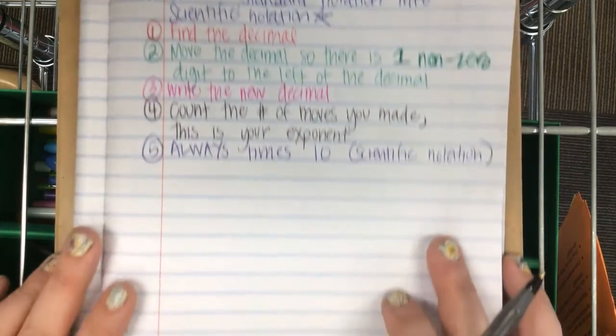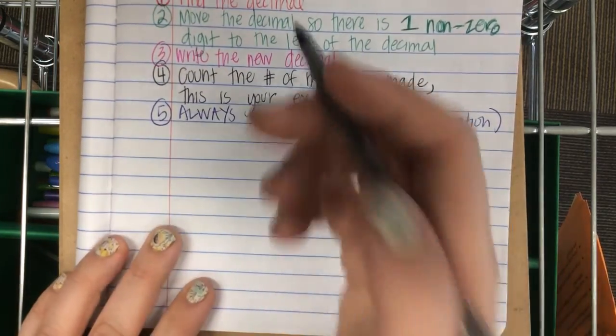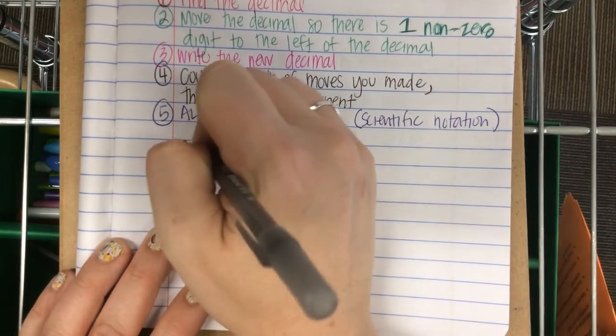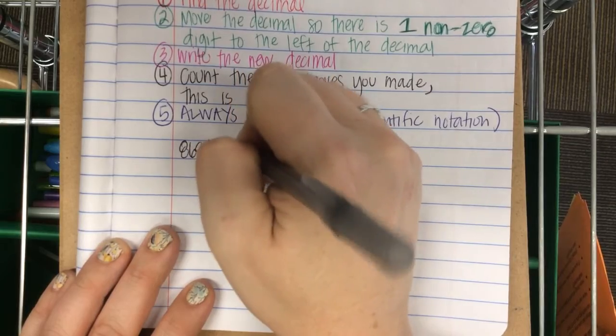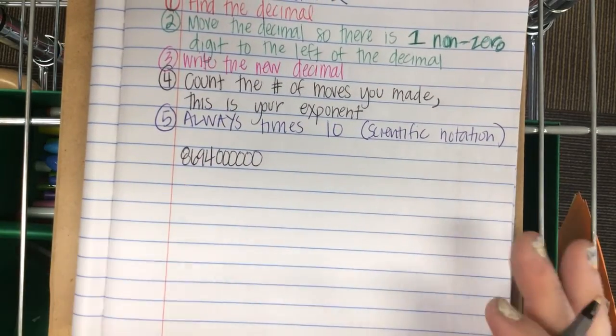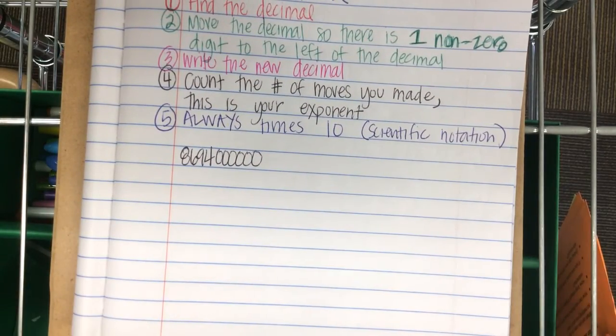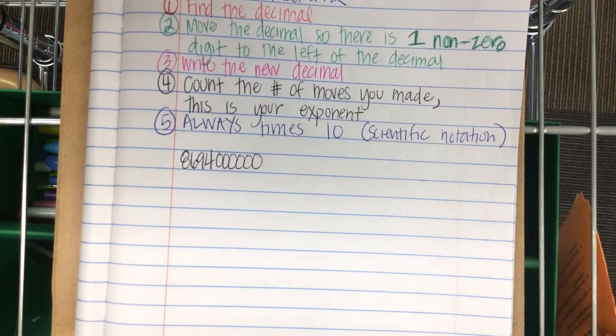Let's do a few practice. Are you ready? Okay, write down this number, 8694, and then 6 zeros. Sit up.